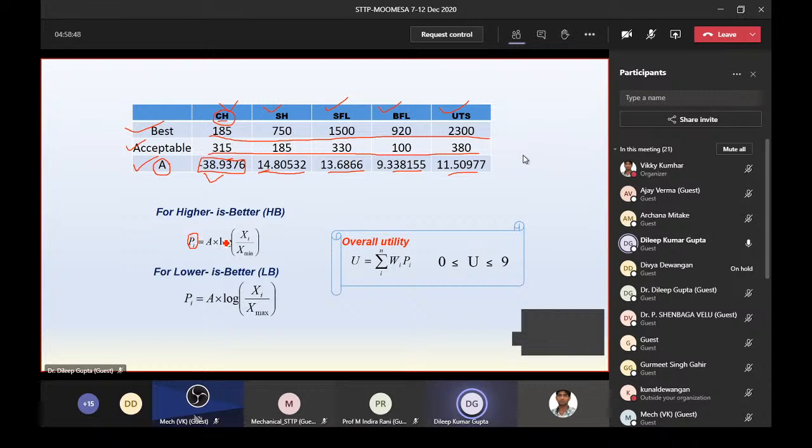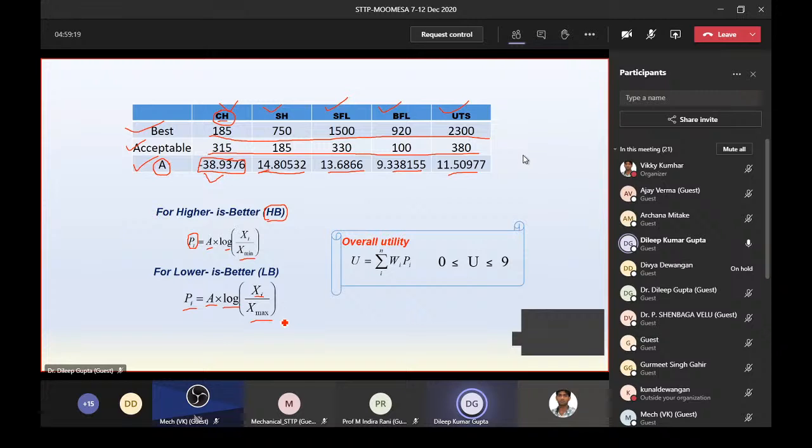PI will be calculated by the relation A multiplied by log of xi divided by x mean when we are taking higher is better criteria, right? So x mean, xi and A. If you are talking about higher is better criteria, this is the condition. If you are talking about lower is better criteria, then it will be A multiplied by log of xi divided by x maximum, right?